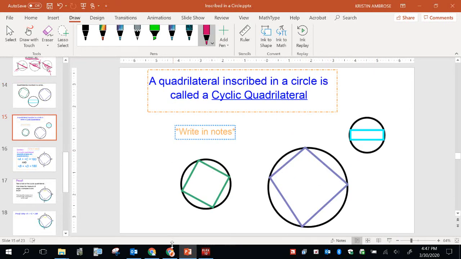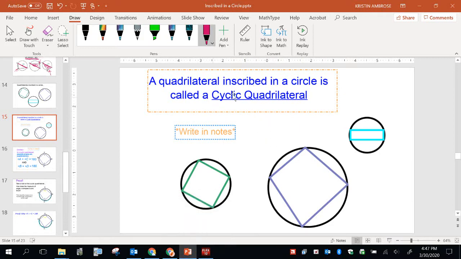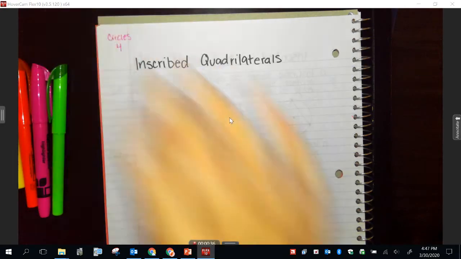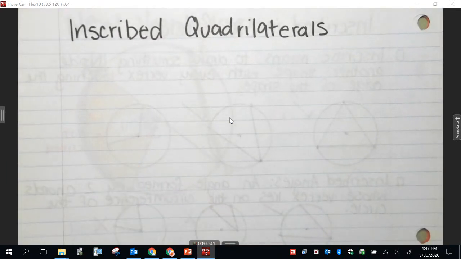Okay, so there's a special term for quadrilaterals that are inscribed in a circle, and they're called cyclic quadrilaterals. So that's going to be the first thing that we put up at the top here.